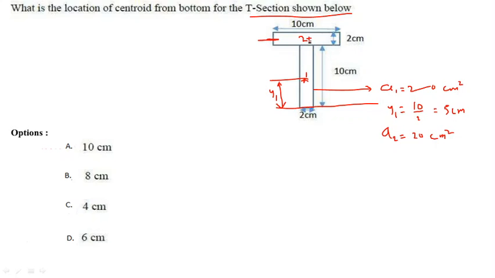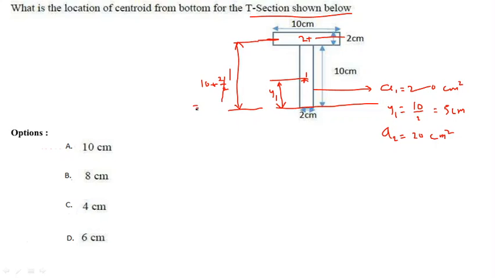From the base, we need to calculate the center of the second rectangle. Up to here we have 10, and as it is a rectangle, the center lies at half of the depth, so 2 by 2, which is 1.